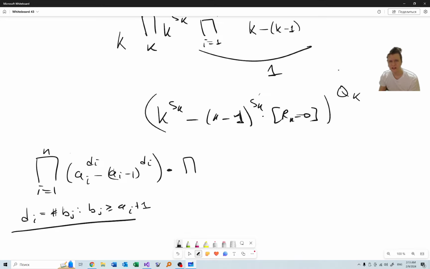now let's rewrite it again with b_j's. So for each b_j, this is simply iterated once, and we need to take here b_j to the power of s_j minus b_j minus 1 to the power s_j.